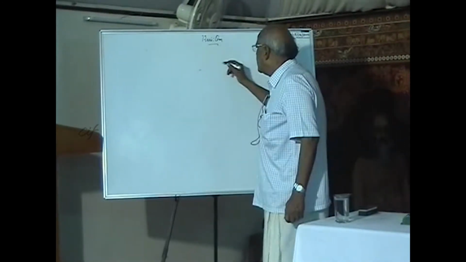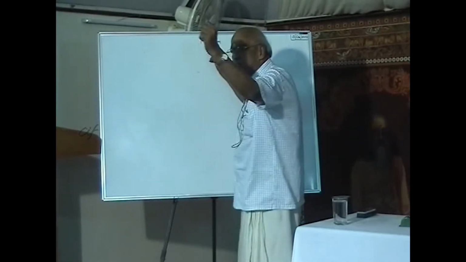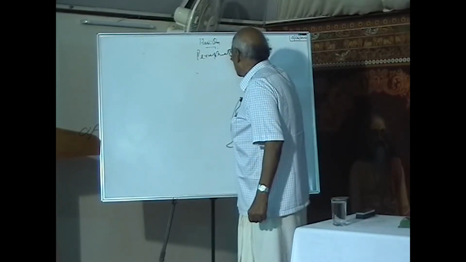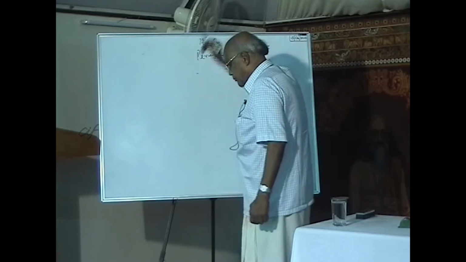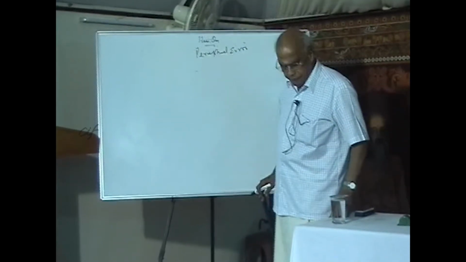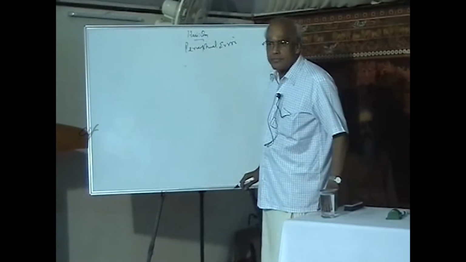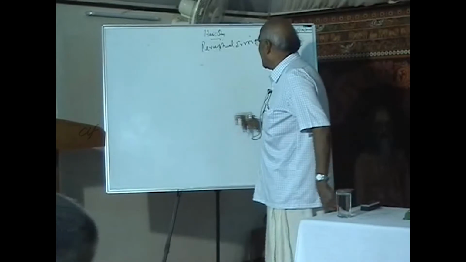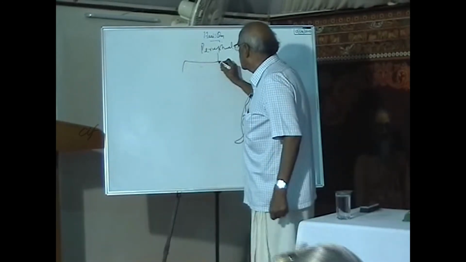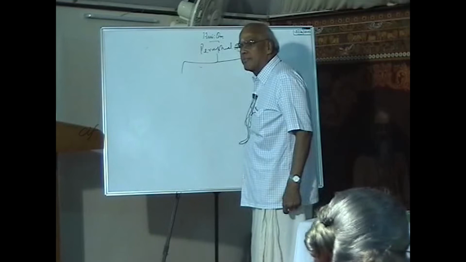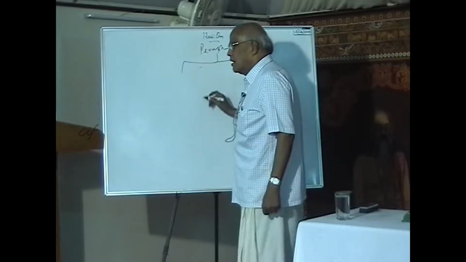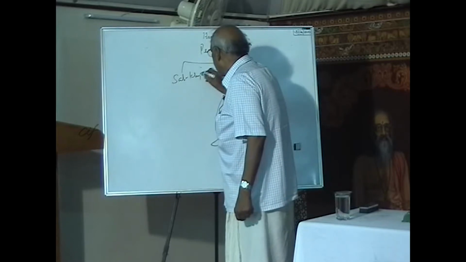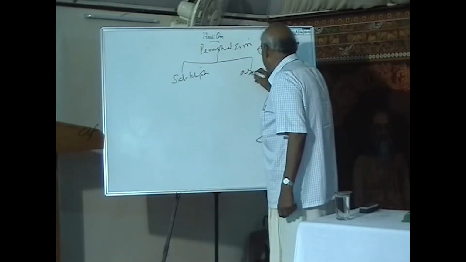Now broadly, the theories of perceptual error, Khyadivada, are divided into two: Satyadi and Asatyadi.